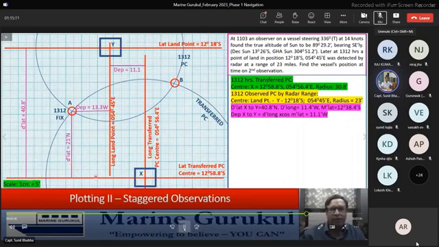We get the DLAT from latitude of X as 21 minutes north, and we get departure from longitude of Y as 13.3 minutes west.